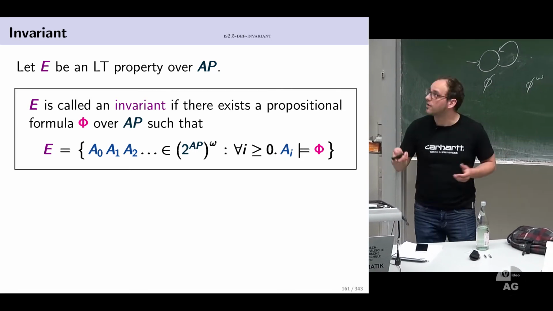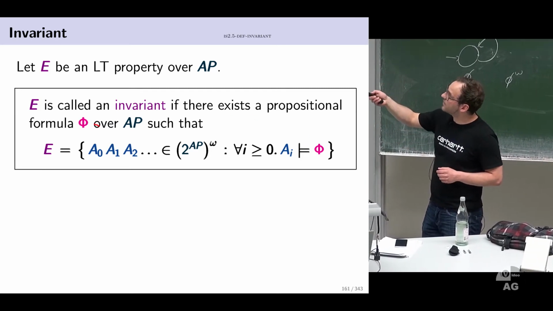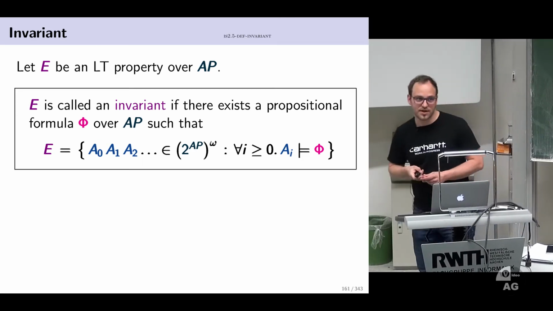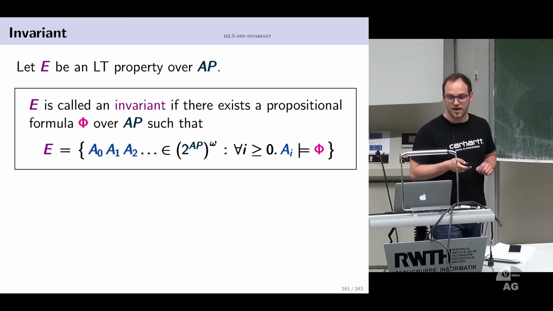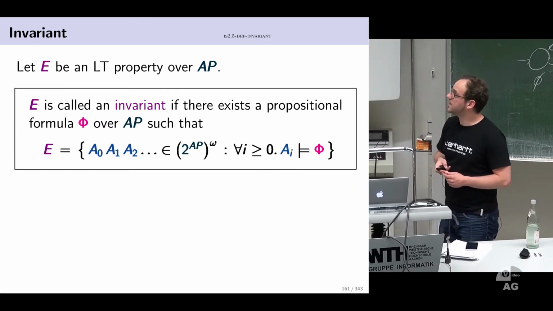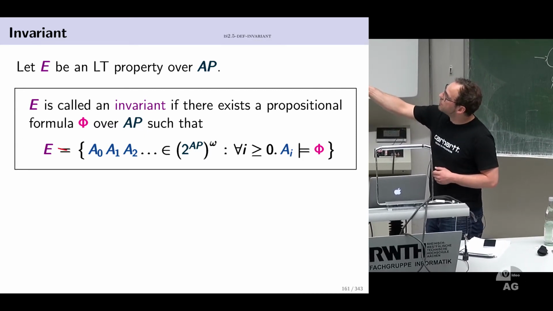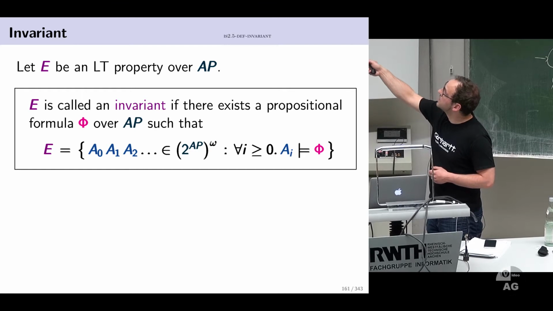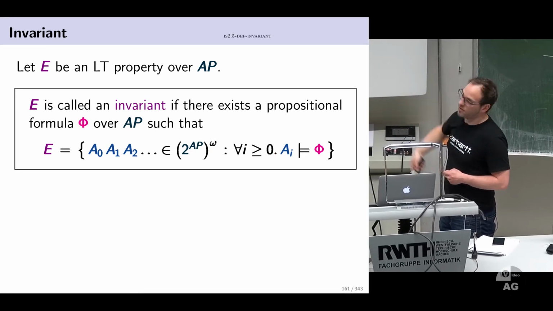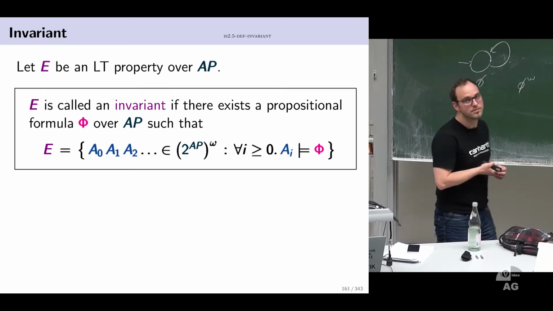So think about deadlock again. For example, we have the atomic proposition deadlock that we attach to all deadlock states. And then our propositional formula for characterizing these states is just deadlock. And then the linear time property is the set of all words such that for all the positions, we do not have deadlock in here. That would then express deadlock freedom.